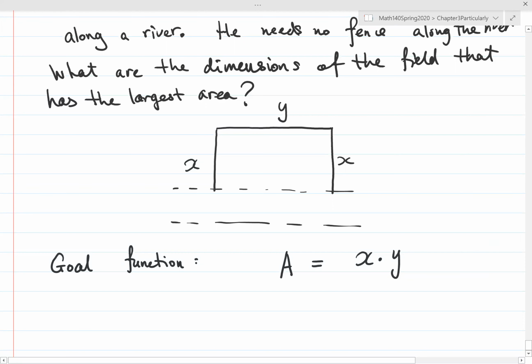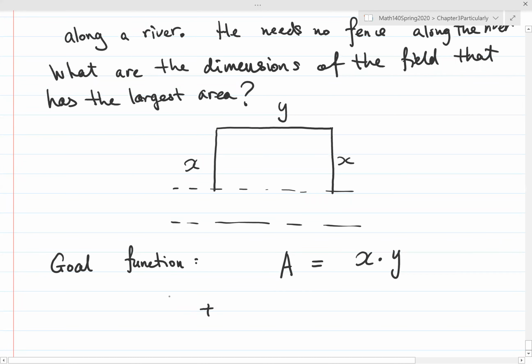We need to find a relation between x and y by checking what conditions we haven't used yet. The farmer has 2,400 feet of fencing, and to get the largest area he should use all of it. There are three pieces, x, x, and y, i.e. 2x plus y.